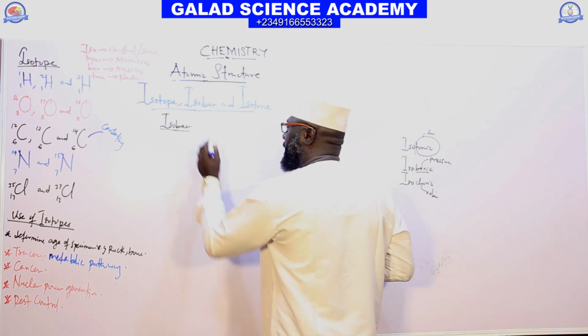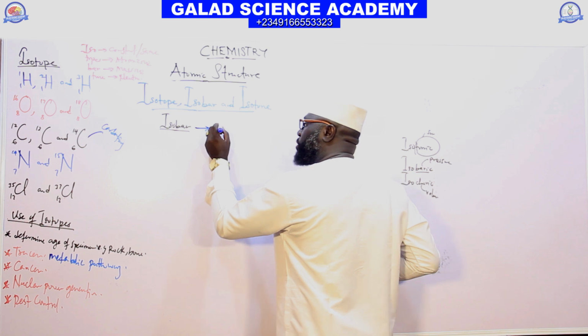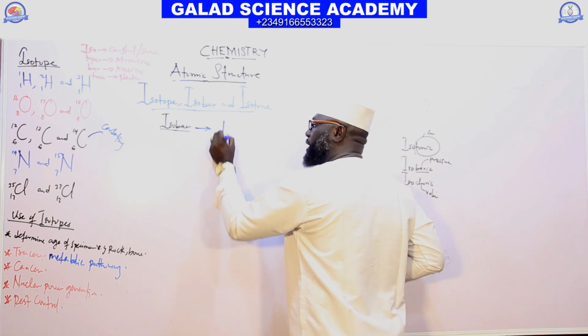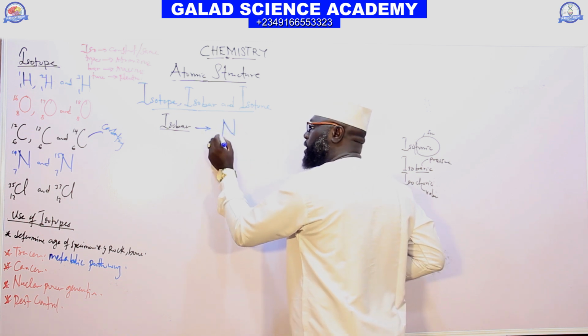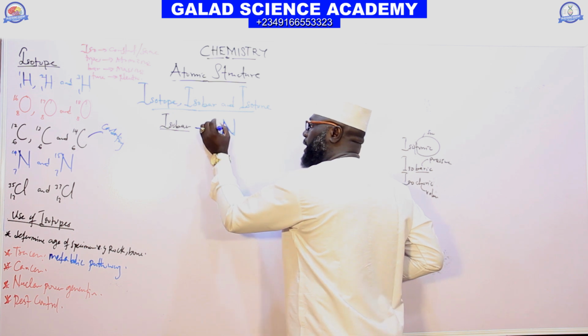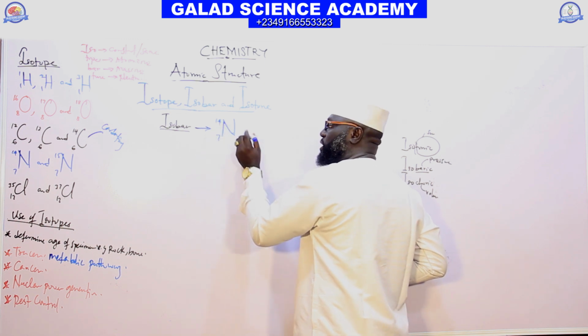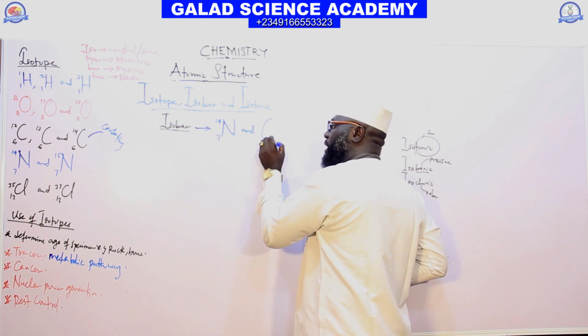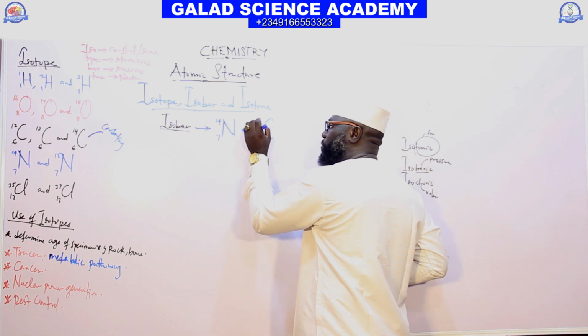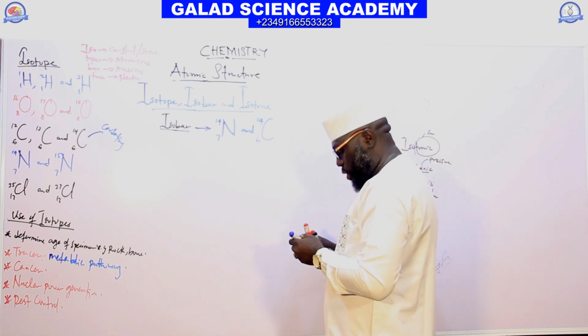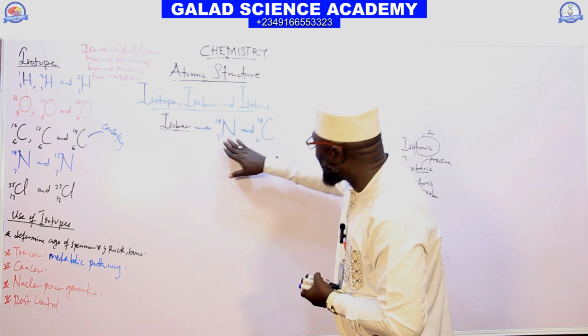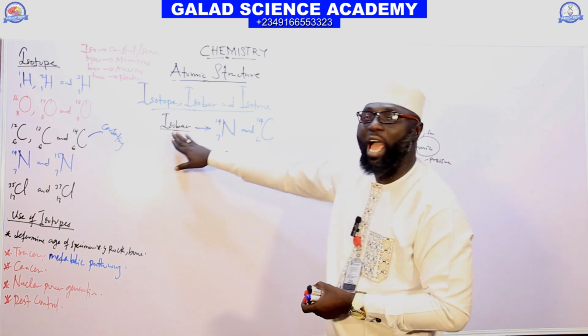Example of isobaric: let me use nitrogen 7, 14. Atomic number is 7, mass number is 14. And look at carbon 6 and 14. See now, the phenomenon that occurs between nitrogen and carbon is called isobar.